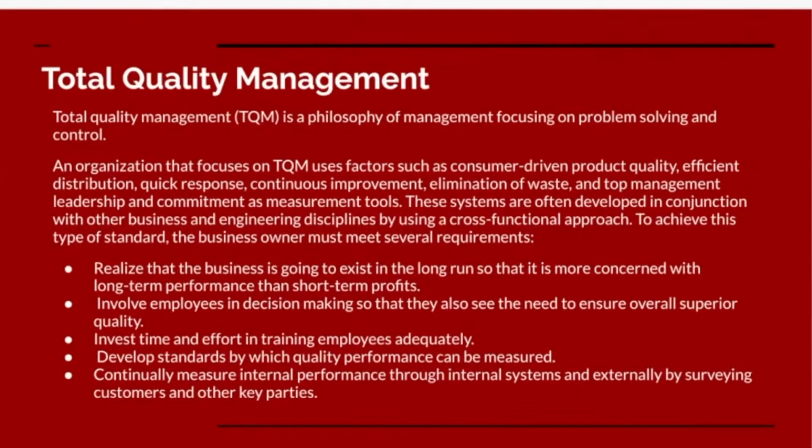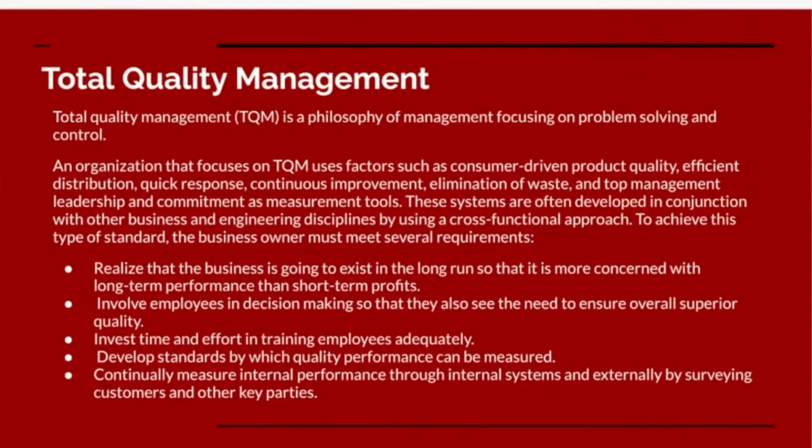And how do we do that? Well, we ask consumers, what do they want? We provide consumers what they want. We try to manufacture things by looking at efficiencies, looking at our production, looking at our distribution, looking at the ability to continuously improve, and working our people in such a way that people work as teams and everybody is responsible for quality.